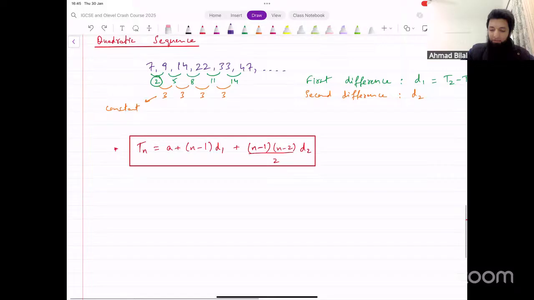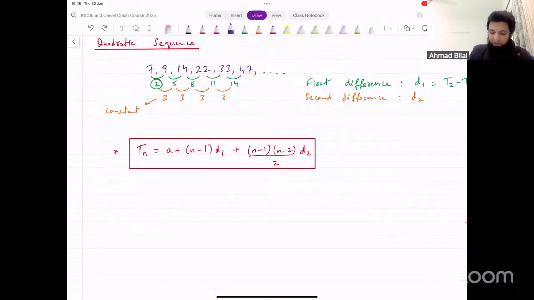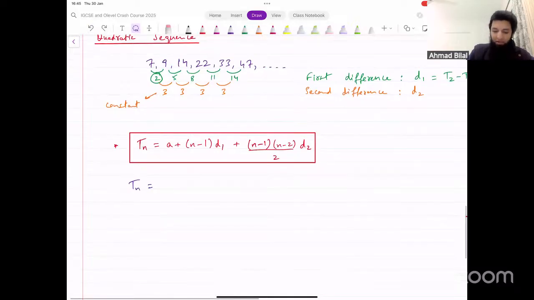We can write down this nth term formula for the quadratic sequence like this now. The first term is 7. Let me write that down here first of all. What's the value of a that we're using? The first term is 7. d1, that's this first difference that we have, from the first two terms of the sequence, that's 2.